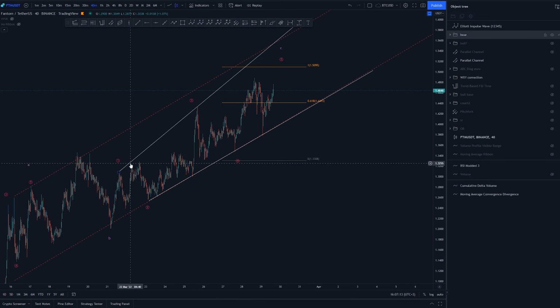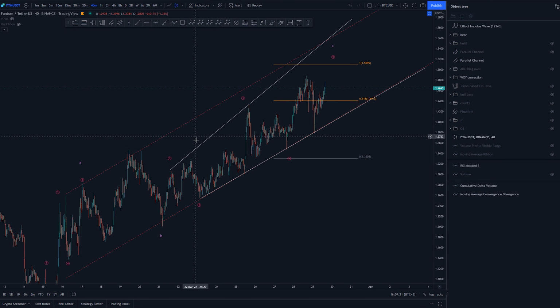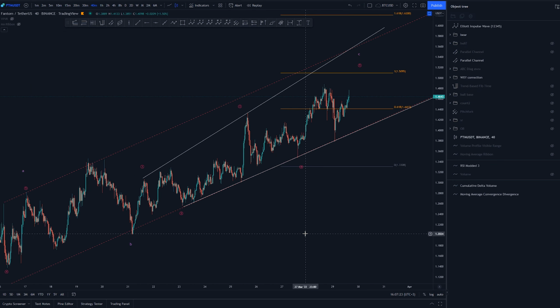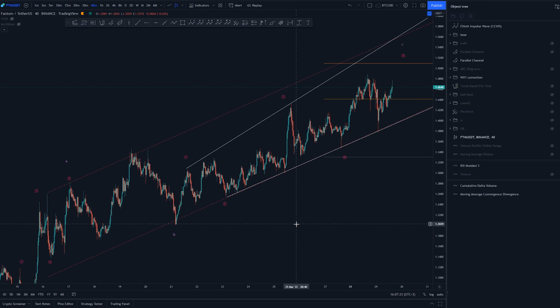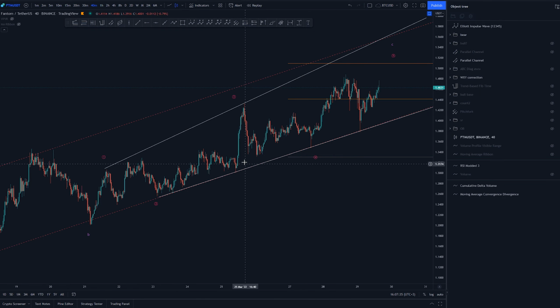Of course, I guess we could make it some kind of complex structure if we want to force this diagonal in, but it doesn't really show us confidence in the count. Also, this structure here is just so much chop around that there is just no way I'm going to find a good way for this.